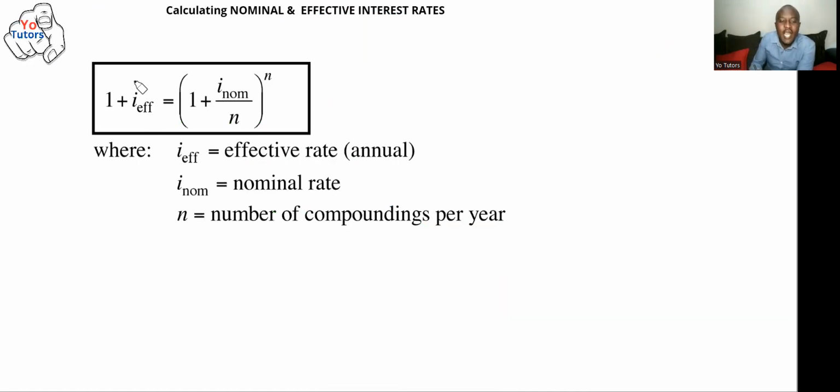Now, we have I effective and I normal here. So this one means it's the effective rate. And for the effective rate, I can give you a very good example. We can say the interest rate is, let's say, 3% per annum compounded annually.